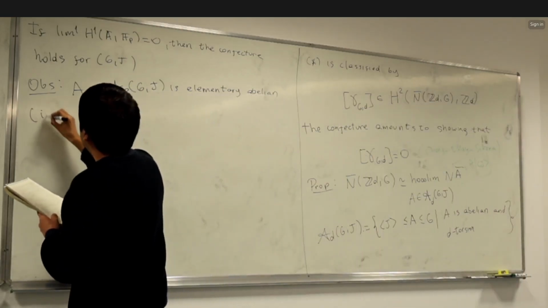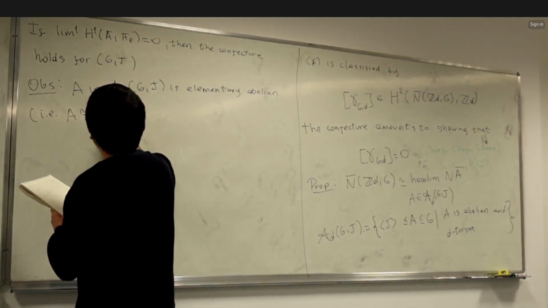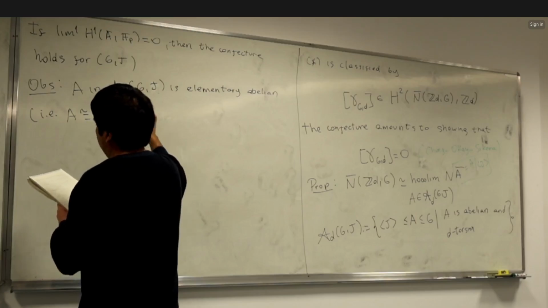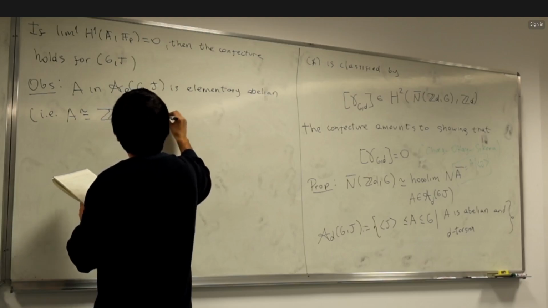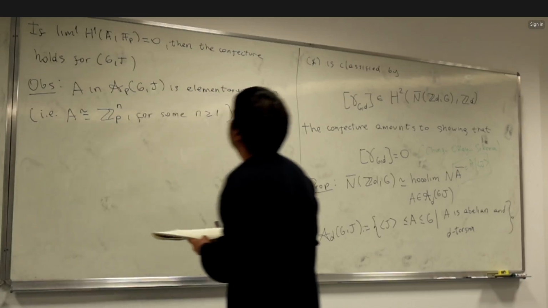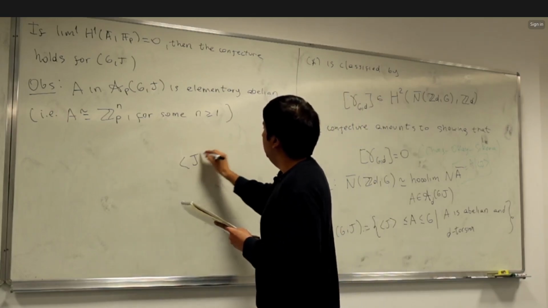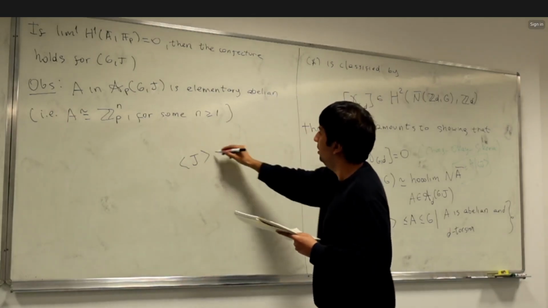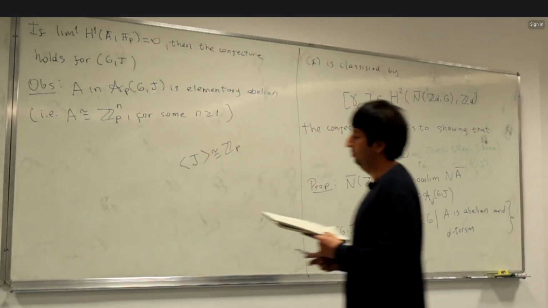For those who are not familiar with this, A is isomorphic to Z mod p to the n for some n. This includes the group generated by J that is isomorphic to Z mod p by assumption.